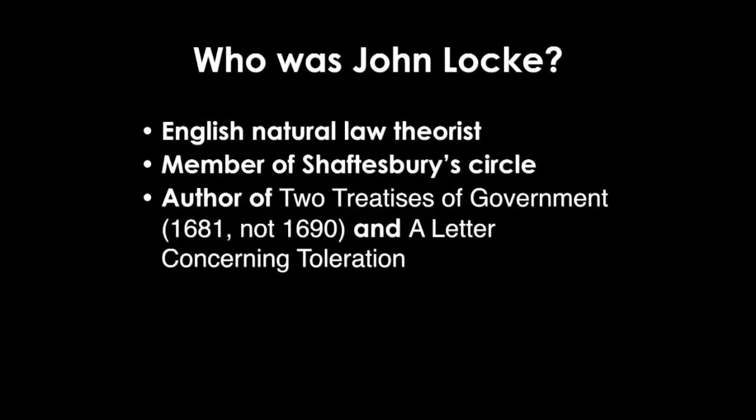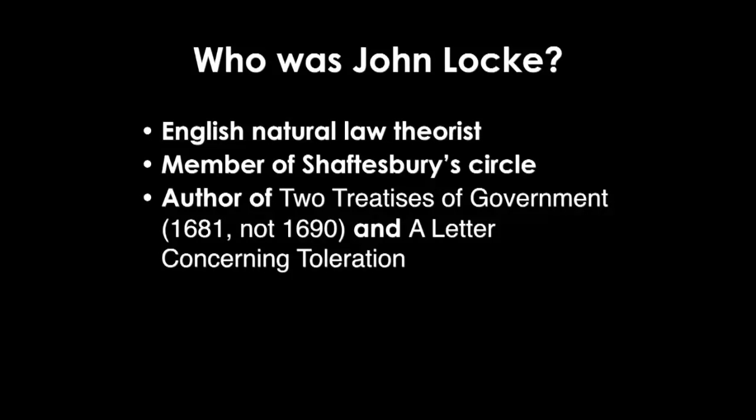John Locke was the author of two of the most important works of political theory ever written in the last several centuries. His two treatises on government were for a long time thought to have been published in 1690 as a justification or legitimation or in defense of the revolution of 1688.